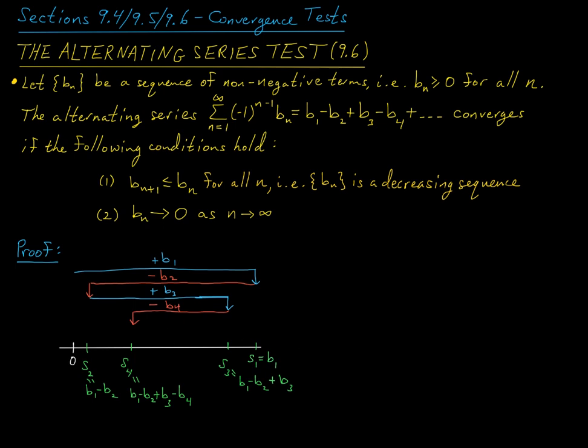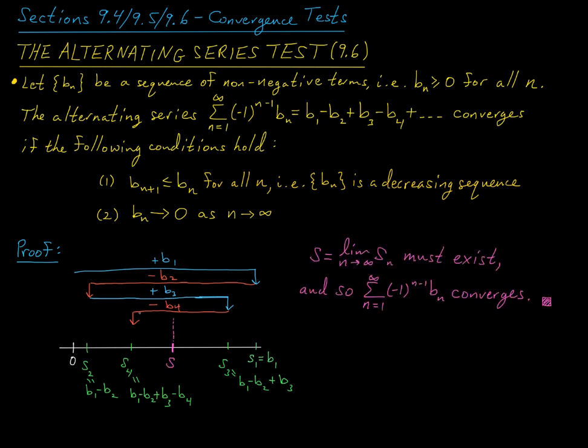And so if I repeat this process, there will be a narrowing down to some limiting value, and I'll call that limiting value S. Okay, so in other words, the sequence of partial sums, S sub n, does have a limit, and so by definition that implies that our series converges. All right, so that's the proof of the alternating series test.